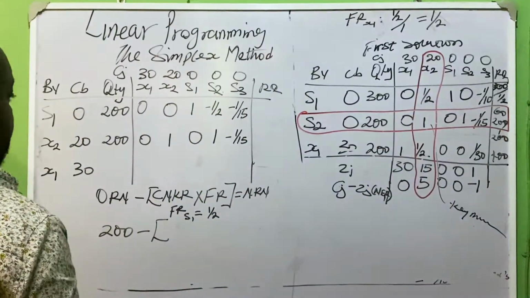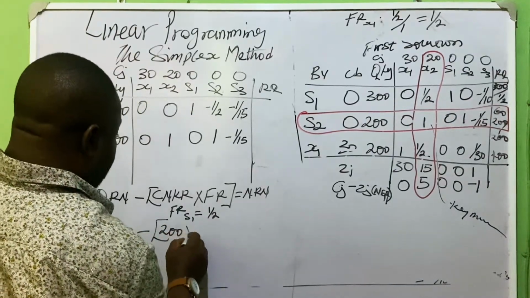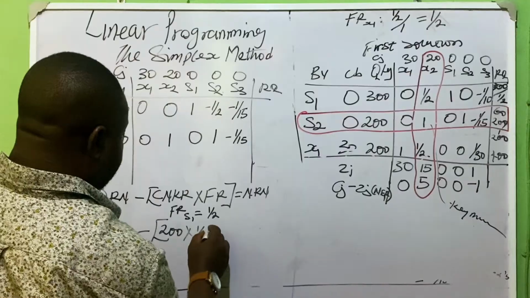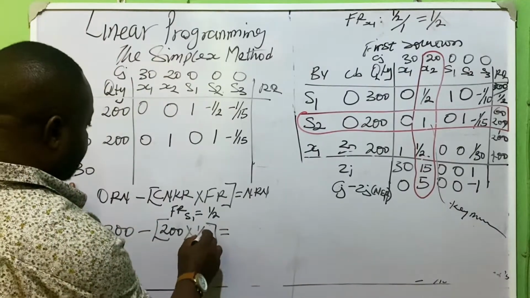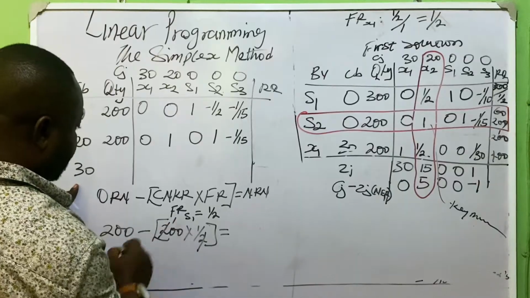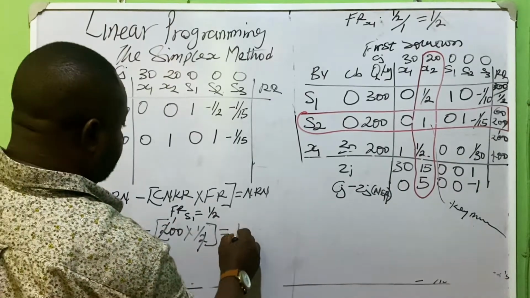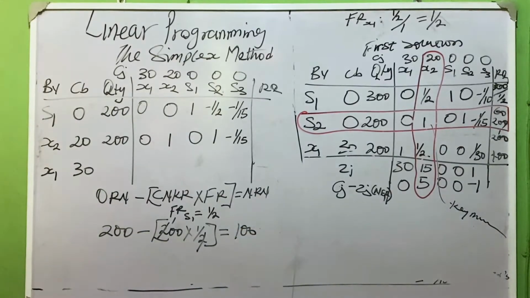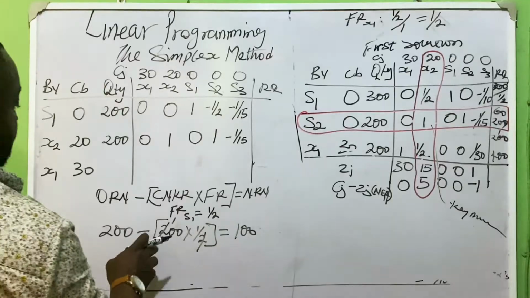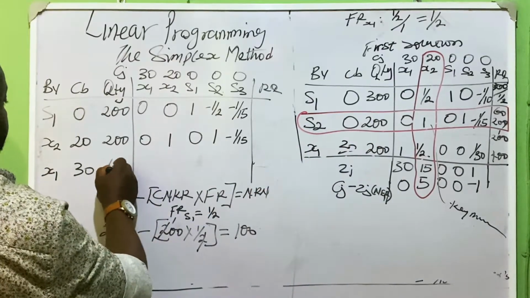So 200, the corresponding value is also 200 multiplied by 1 over 2. So 200 minus 100 will give us 100. So in our new table, the position of 200, 100 should take.